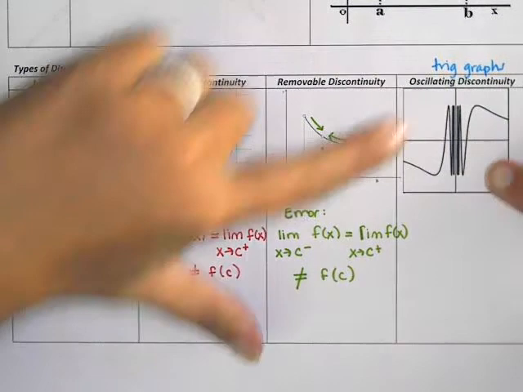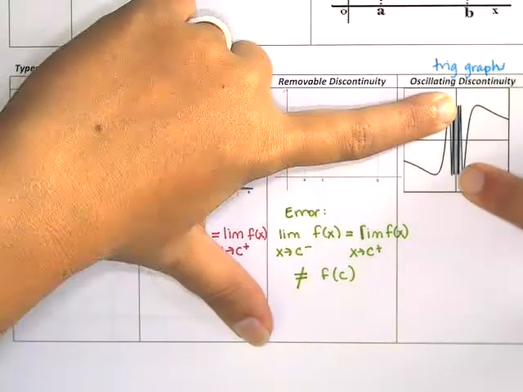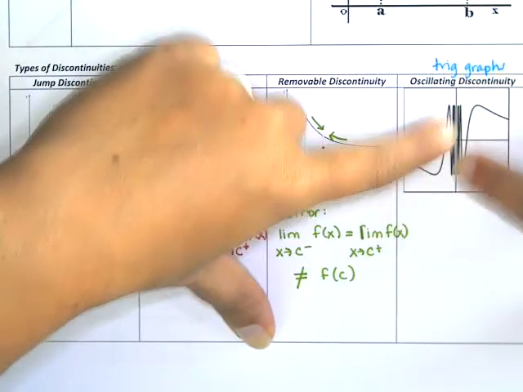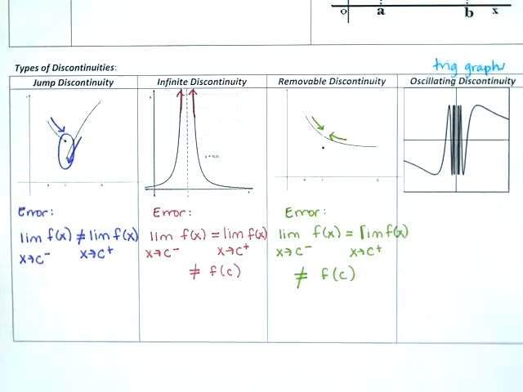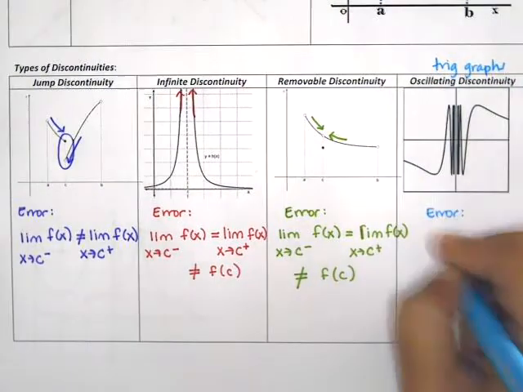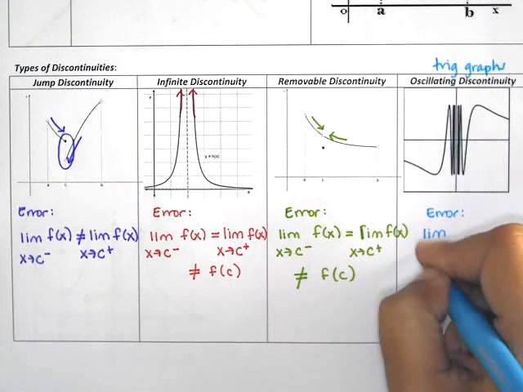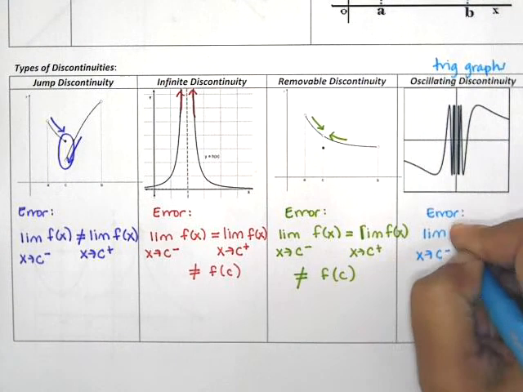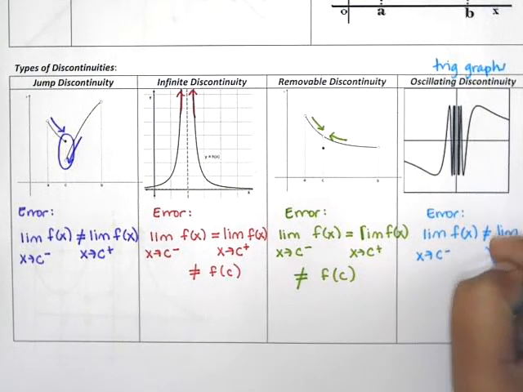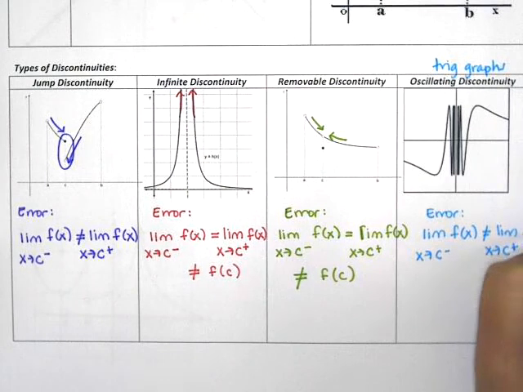Basically, when I approach from the left and when I approach from the right, one of them is going to be at the top and one of them is going to be at the bottom, and they're going to switch. So you're never going to agree on where your limits are pointing. So the error here would be that the limit as x approaches c from the left does not equal the limit as x approaches c from the right.